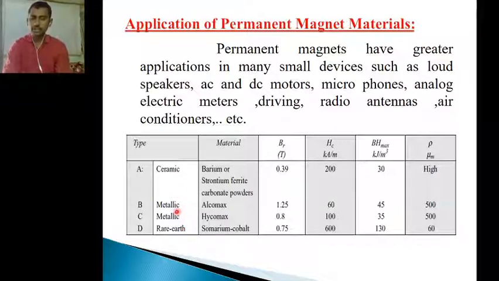Among these, in the metallic permanent magnets, the alnico magnet develops a magnetic flux density of 1.25. The permeability is also high, and the metallic permanent magnets, the alnico magnetic materials, are very useful permanent magnets.